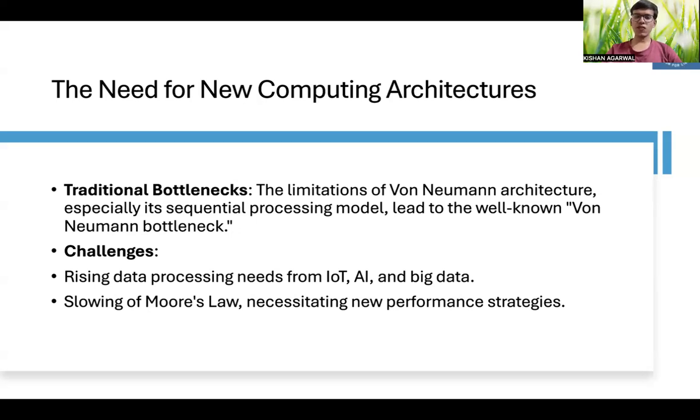What are the challenges we are facing with this traditional method, that is von Neumann architecture? Rising data processing needs from IoT, AI, and big data, as we discussed. Slowing of Moore's law, necessitating new performance strategies.